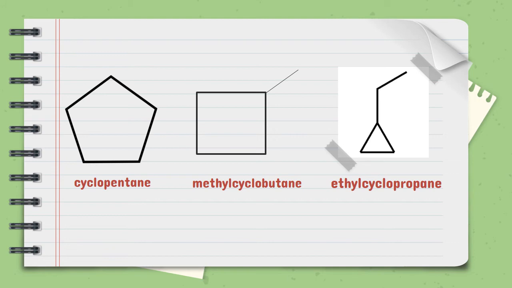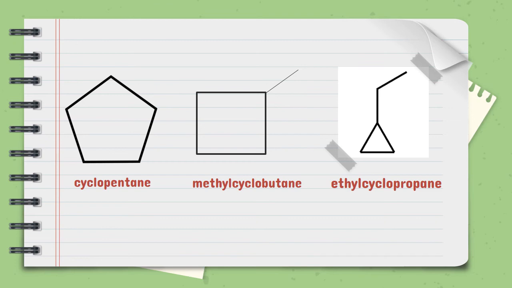As you can see, cyclo means it's a cyclic structure, and methylcyclobutane means there is a cyclic structure with butane, 4 carbons, and then there's a methyl, 1 branch from the main structure.